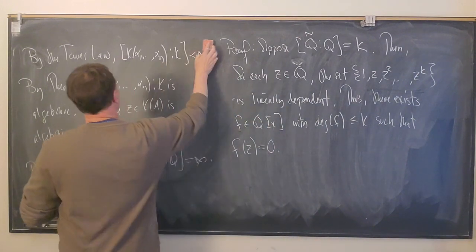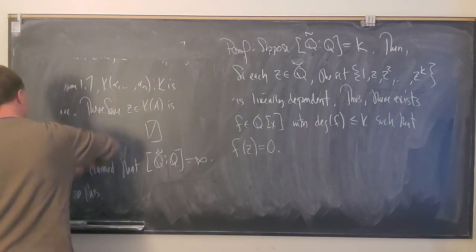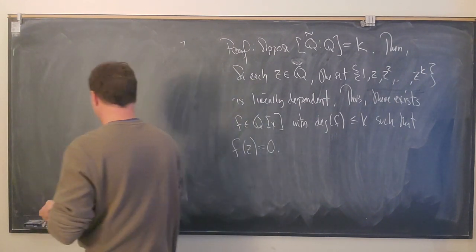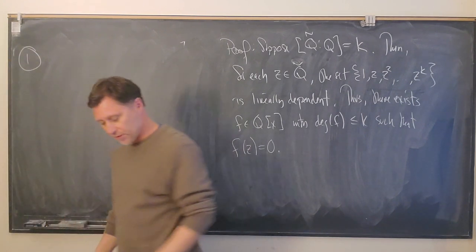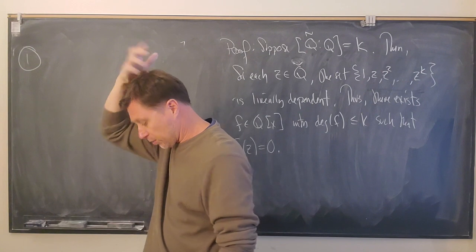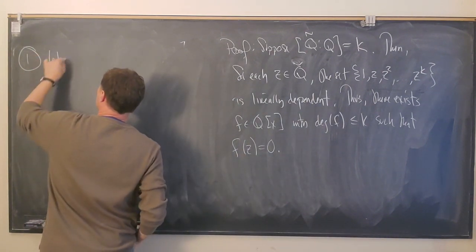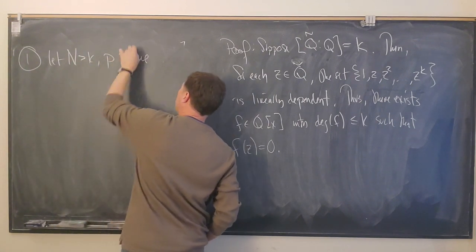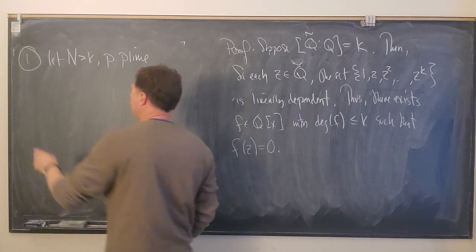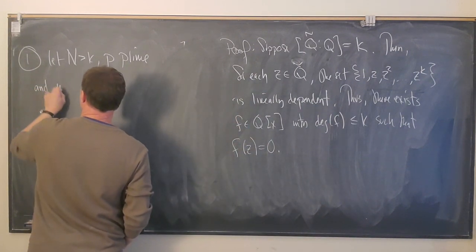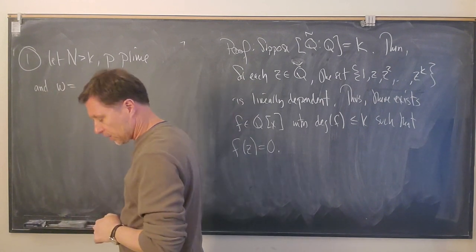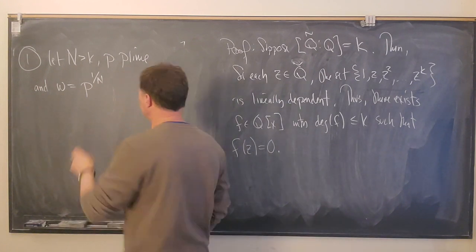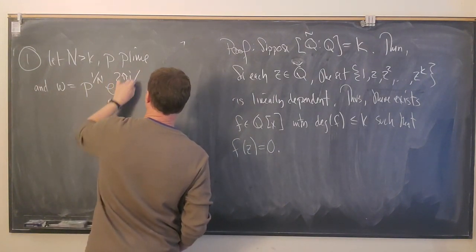So now, the first proof, I mean, these proofs are pretty similar, but I'm just going to do each one. So for the first completion of the proof, I just want to choose a number strictly greater than k. So let n be greater than k and p prime. And then what I want to look at, let's call it w, is p raised to the 1 over n times e to the 2 pi i over n.